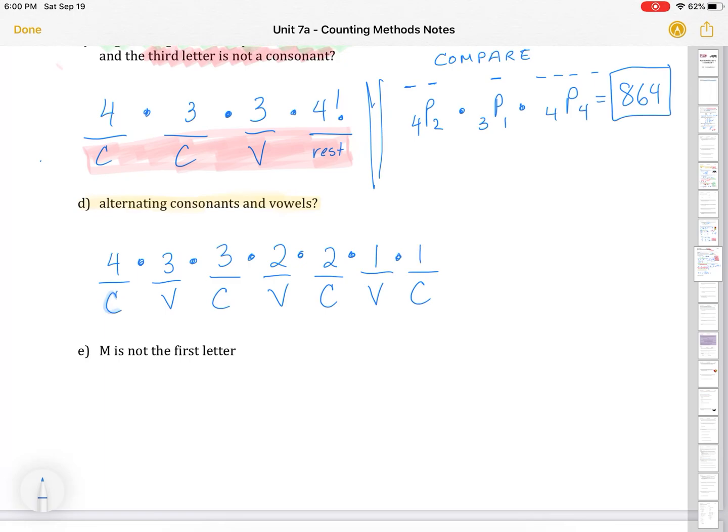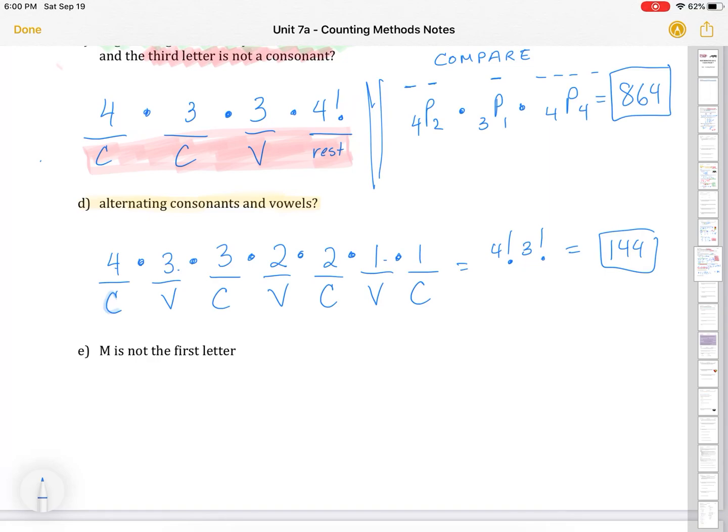Then we have 2 consonants left, 1 vowel left and 1 consonant left. We've got 4 times 3 times 2 times 1, so that's 4 factorial. And then I have 3 times 2 times 1 for my vowels. So I basically have 4 factorial times 3 factorial, which is equal to 144.